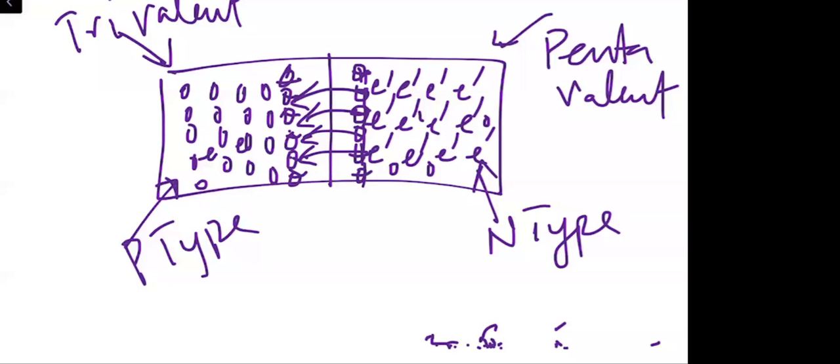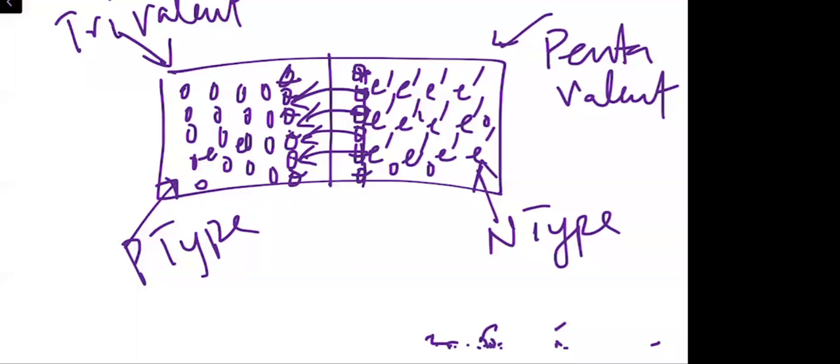So whenever there are 3 electrons in the valence band, they will have a higher energy level as compared to 5 electrons in the valence band of the pentavalent impurity. So the 3 electrons will actually be at a higher energy as compared to the 5 electrons in the valence band of any atom, right?